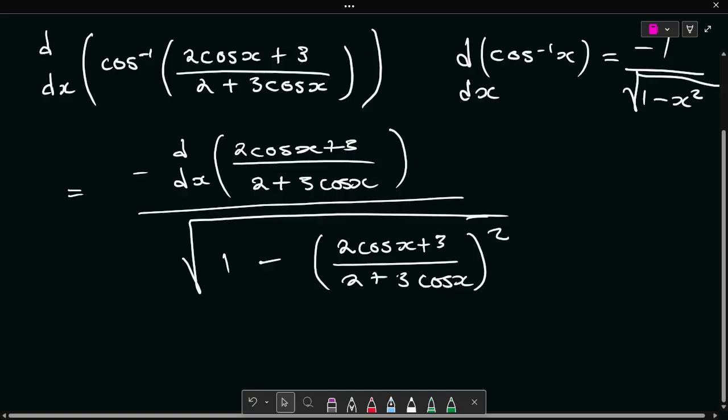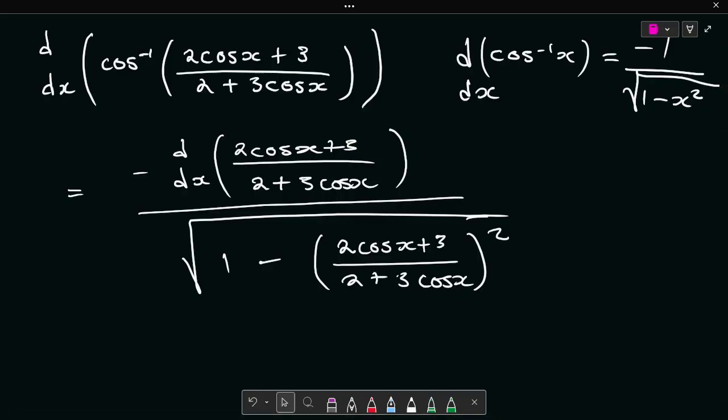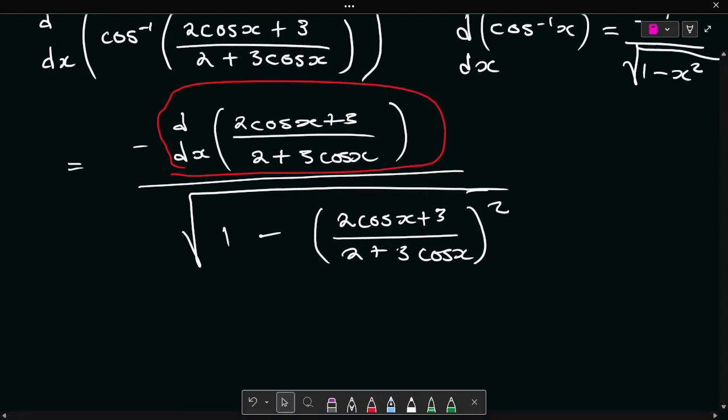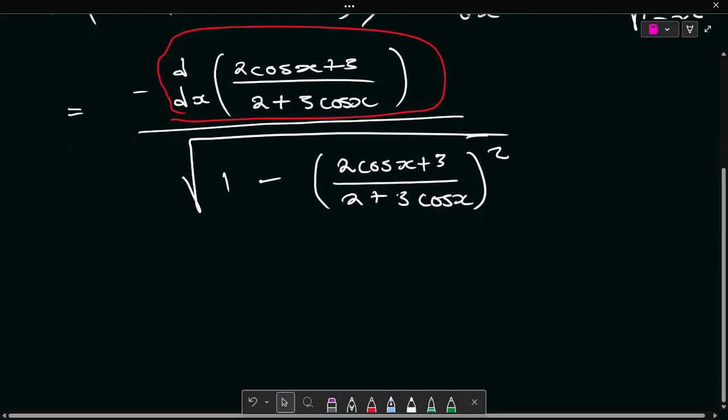Okay, so don't start by just continuing like this. Deal with one part at a time. The part that you need to deal with first is this one. Write it separately and solve it alone.